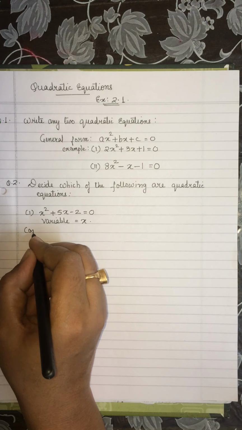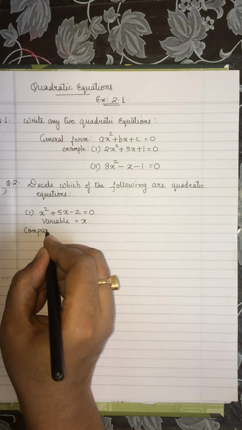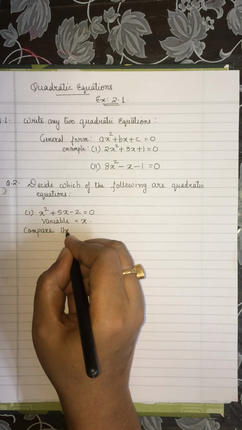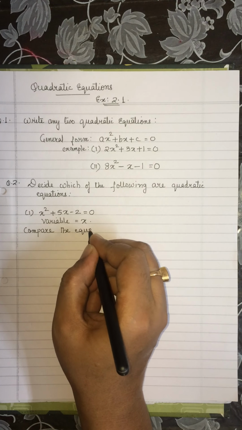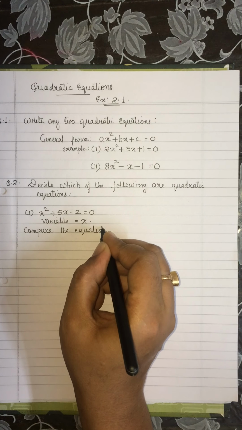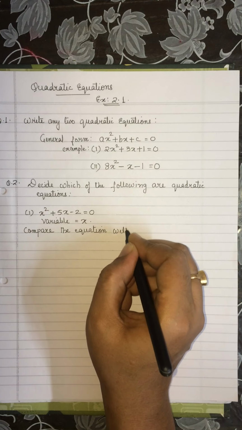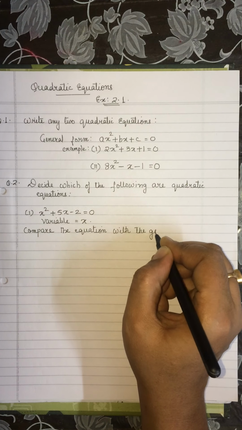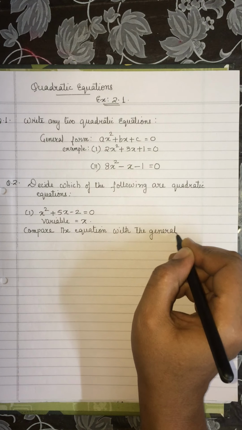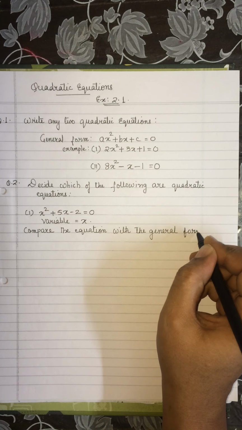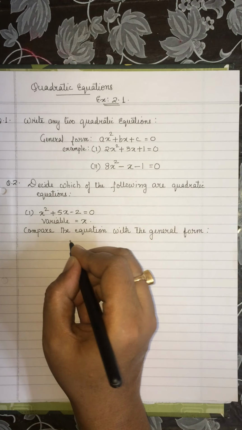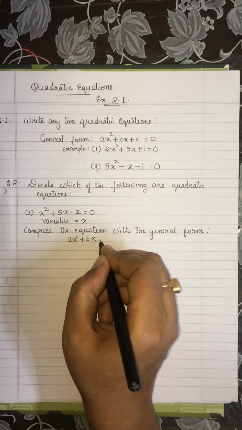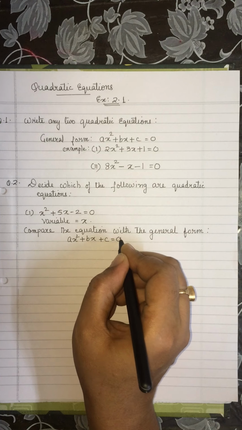Let us compare the given equation with the general form of the quadratic equation, ax square plus bx plus c is equal to 0.